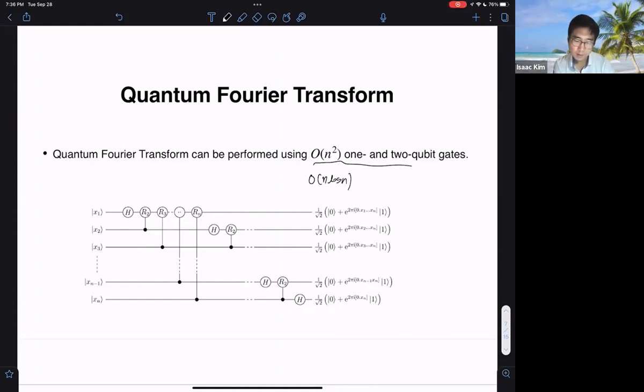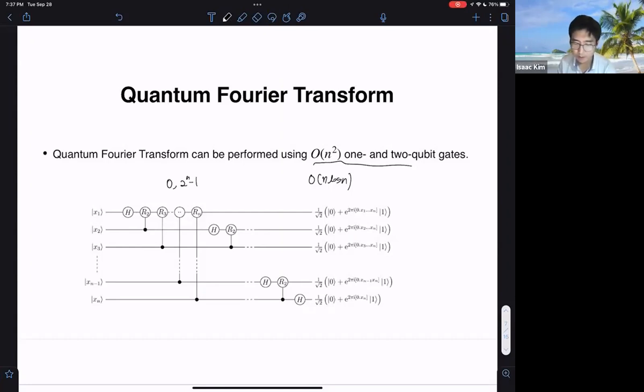And this is interesting because, if you have an n qubit quantum state, the range of the numbers that you have is between 0 and 2 to the n minus 1.